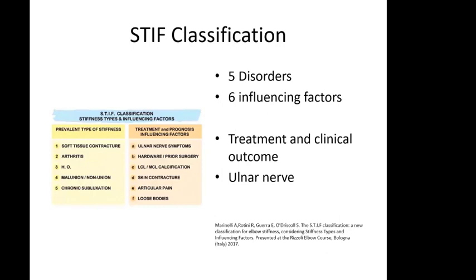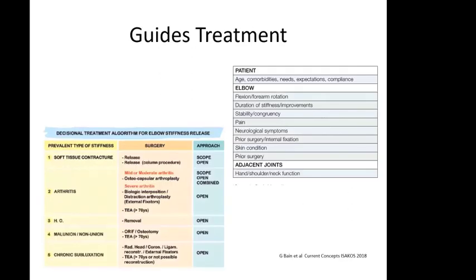The stiffness types and influencing factors (STIF) classification takes into account the 5 disorders and 6 influencing factors, including ulnar nerve symptoms. It gives us a decision treatment algorithm and takes into account various factors which dictate decision making and outcome.